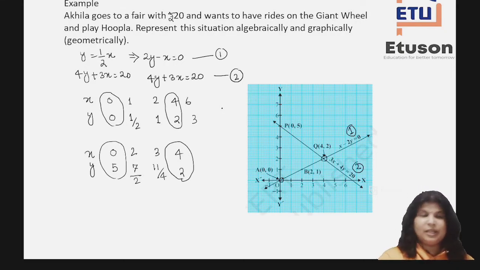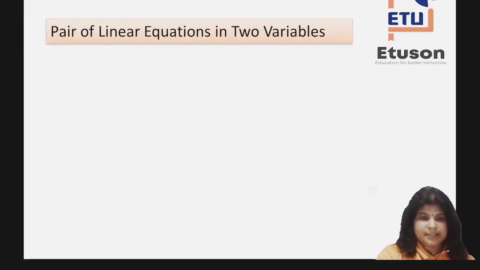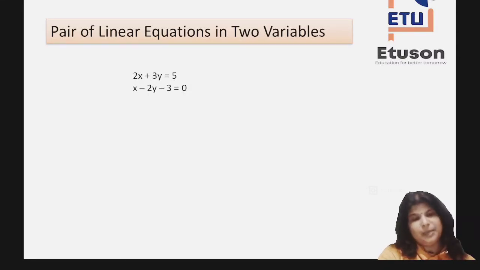Okay children, now let us go to the next example. So that is a pair of linear equations in two variables, that is, suppose you have 2x plus 3y is equal to 5 and x minus 2y minus 3 is equal to 0.